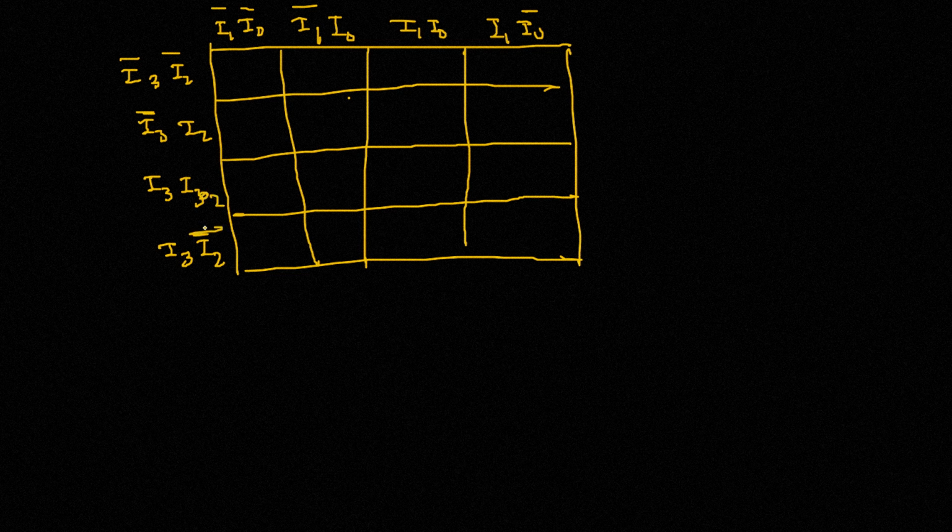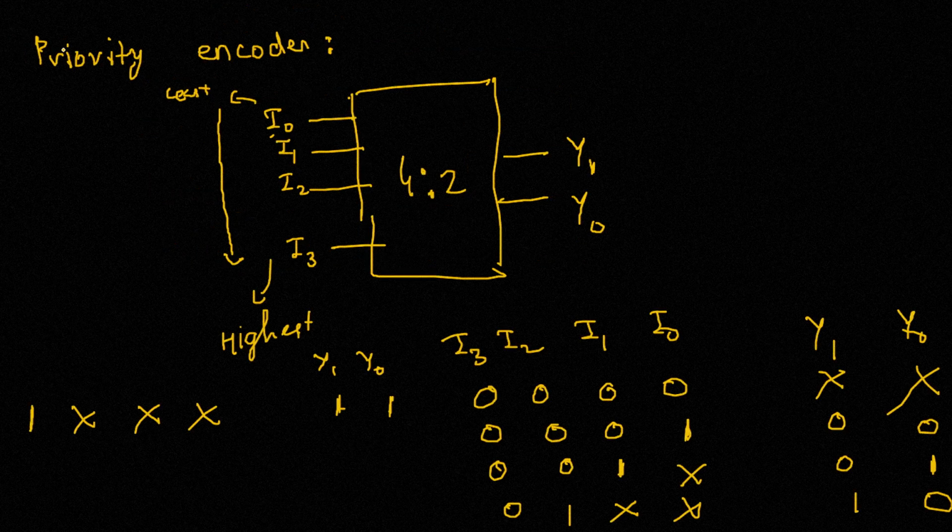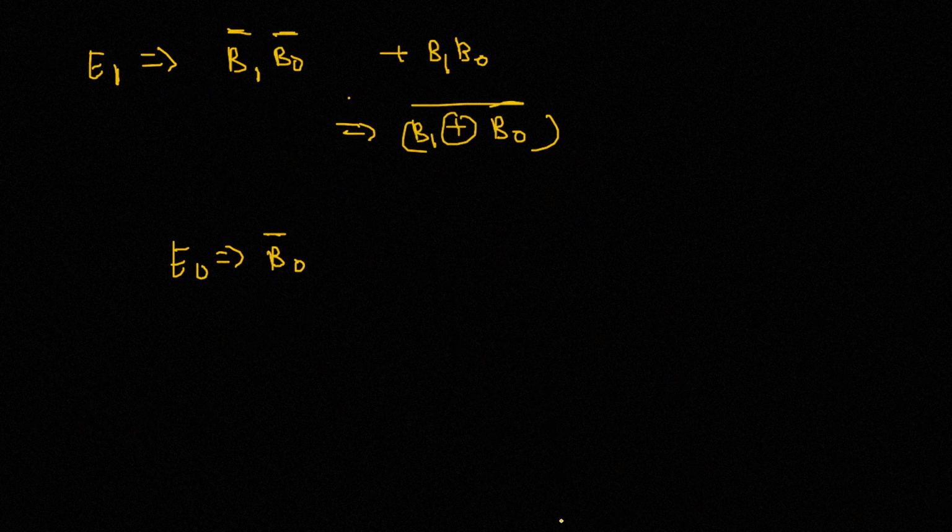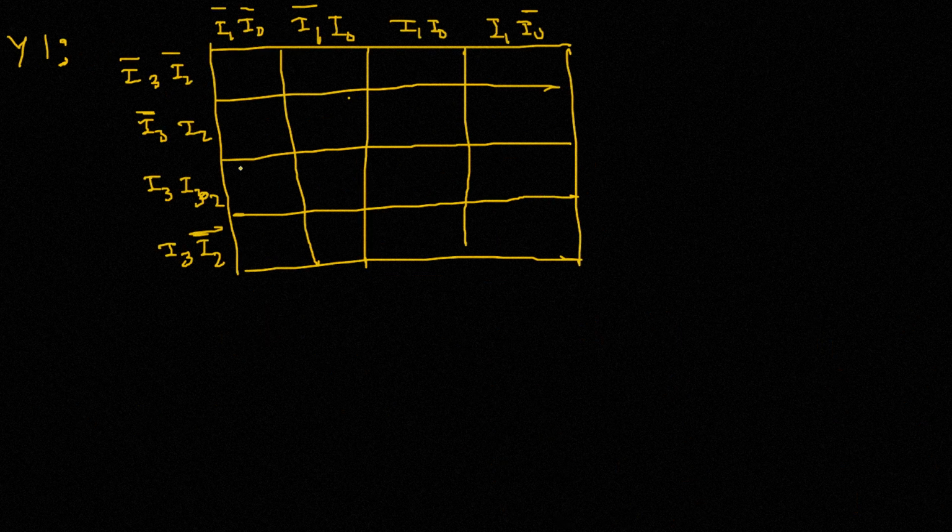Okay, so we are doing this for Y1. For Y1, whenever I2 became 1, all the values are 1. So regardless of what value of I1 and I0 we take, the value of Y1 will always be 1 if I2 is 1. So for any value of I2 which is 1, right?